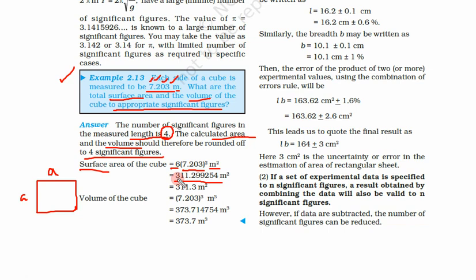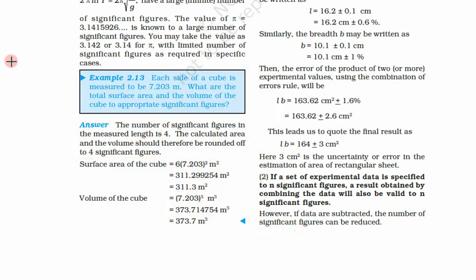So we can take only these four digits. Now the next digit is 9, so we can round off the last digit to 3, since this is more than 5. Hence the area is 311.3 meter square, not this very large number, because this is not accurate.